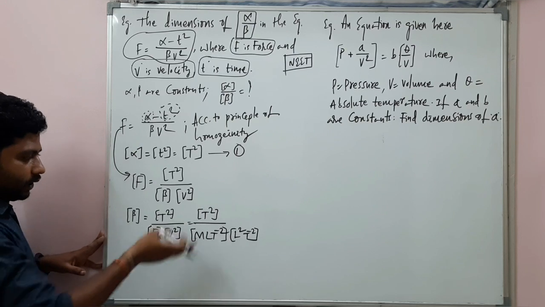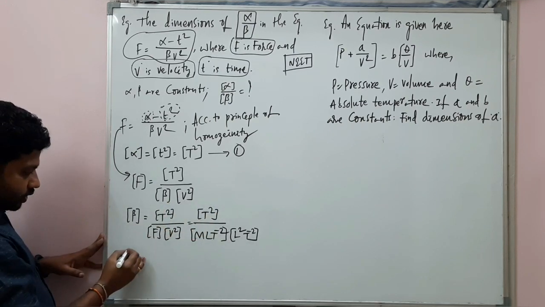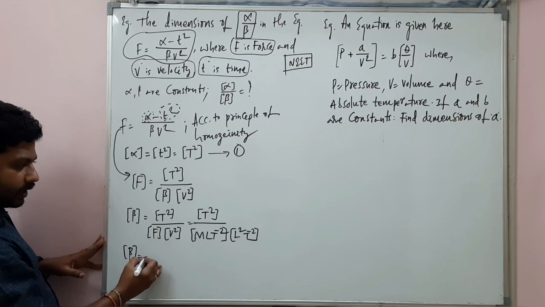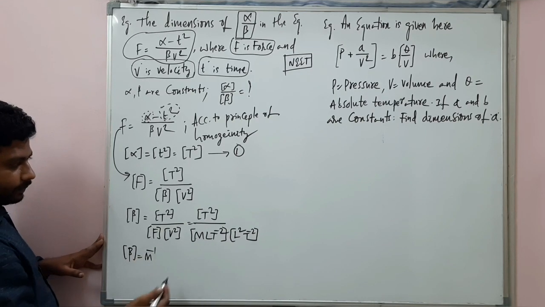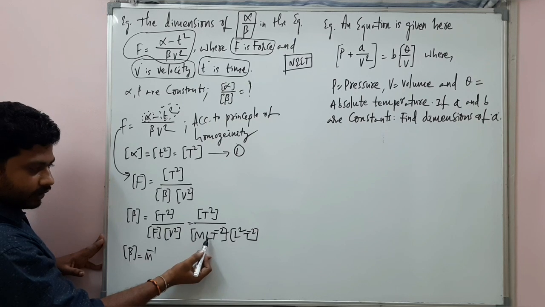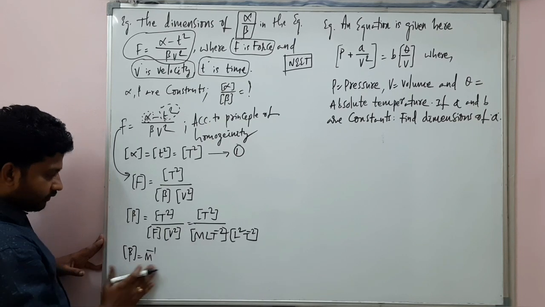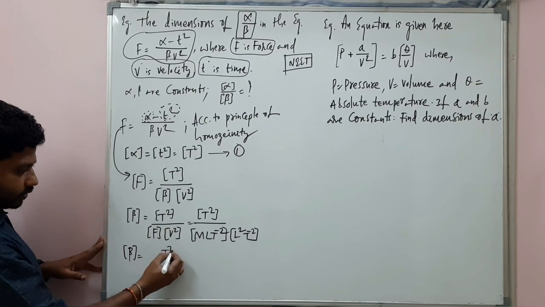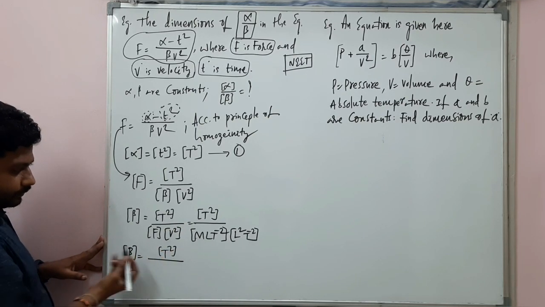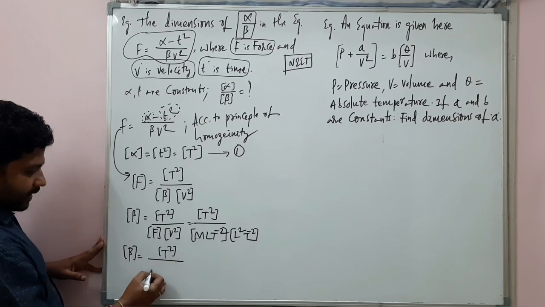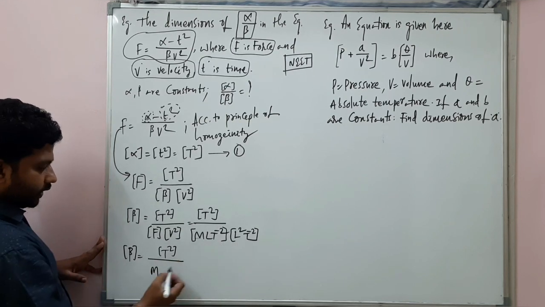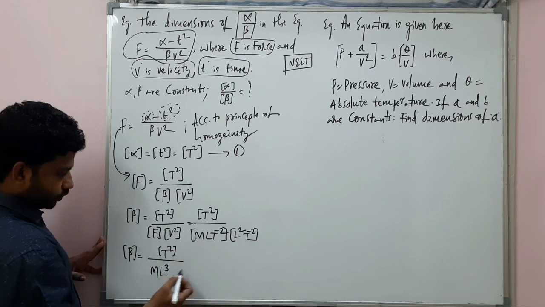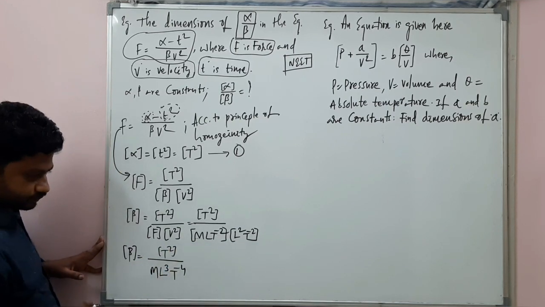Now take everything to the numerator. So the dimensions of beta will be M minus 1, L. For your better understanding, let me write one more step here. M as it is, L into L square is L cube, T minus 2 and minus 2, so that will be T minus 4.